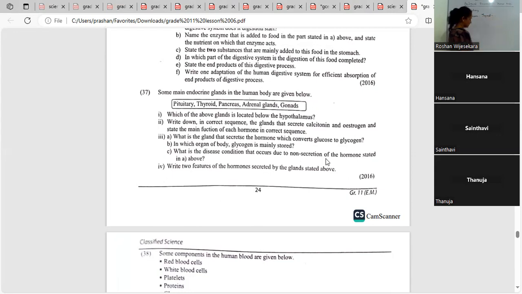Thyroid is the gland, and the function is to reduce calcium level in blood. Then next, estrogen, produced by ovaries. Gonads is also correct. The function is development of secondary sexual characteristics of females.